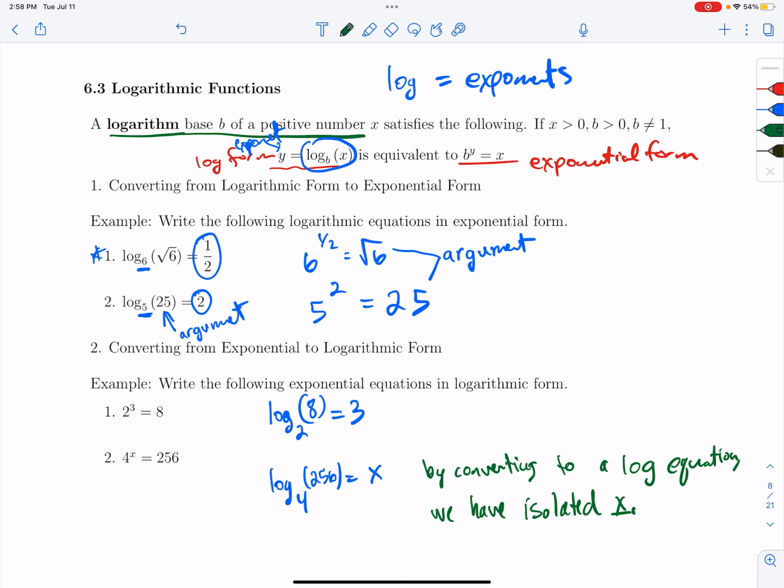So here, if we want to solve for x, one way to do that is just to convert it to a log equation, and then we've solved for x. And we'll talk about how we can find a real number value for log base 4 of 256 here in a moment.